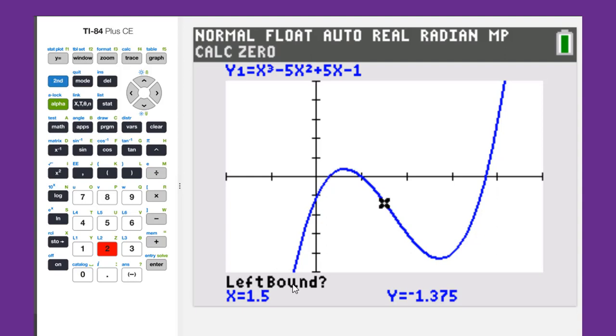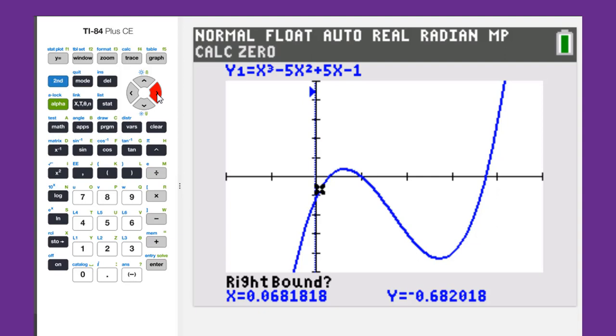Left bound means any point on the left side of this zero. So I move the arrow to the left side of this zero. It doesn't matter how far from this zero, as long as it's on the left side of this zero. So I press enter.